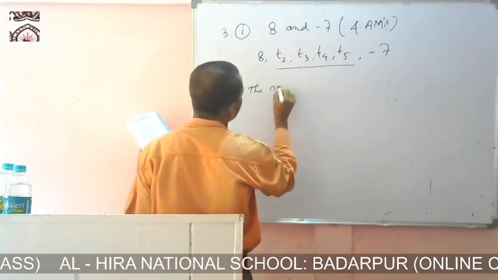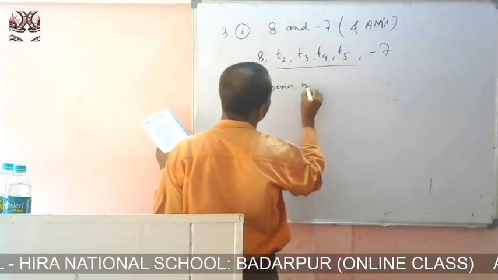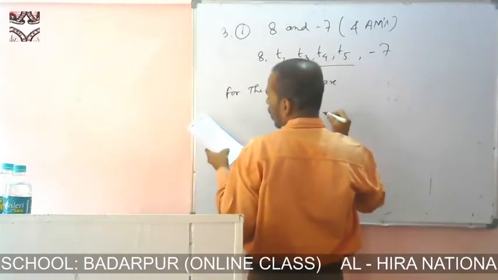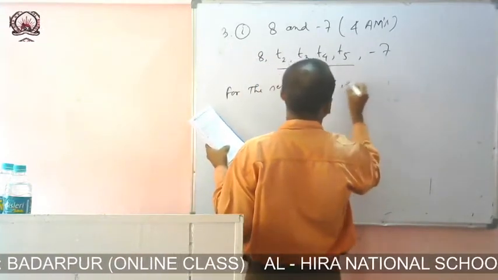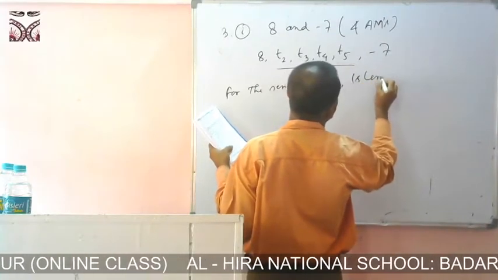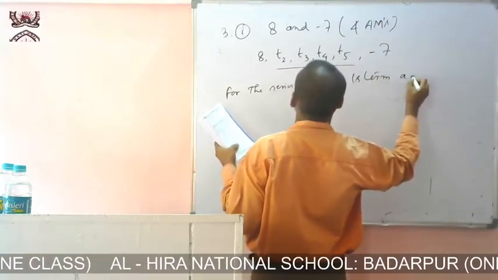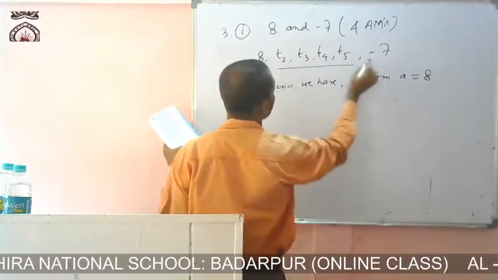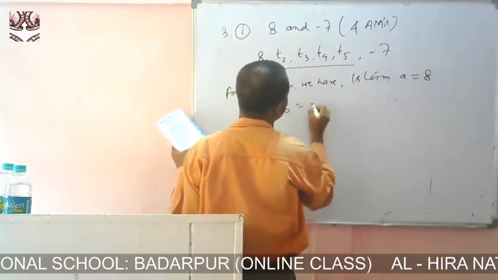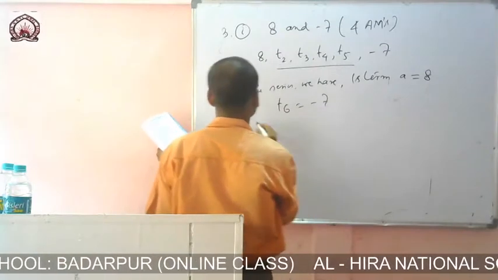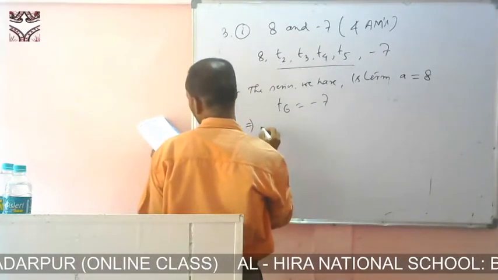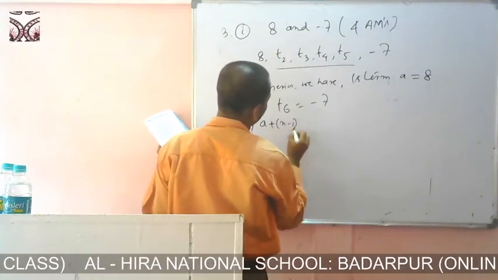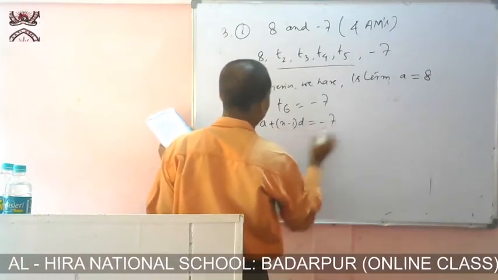For this series we have first term A equal to 8, and T6 is minus 7. So T6 is A plus n minus 1 into D, equal to minus 7.